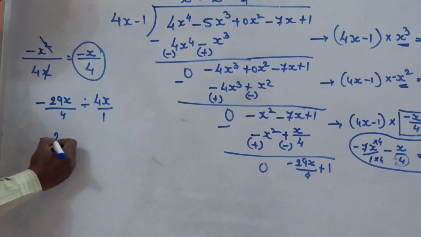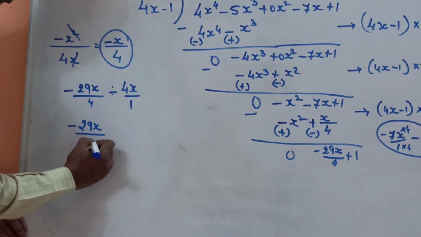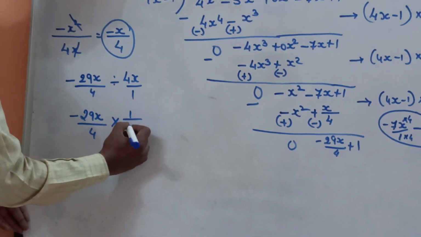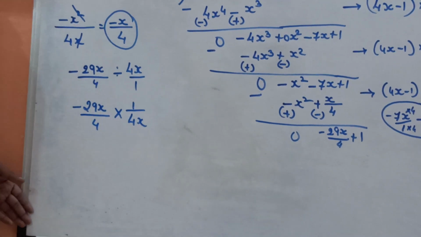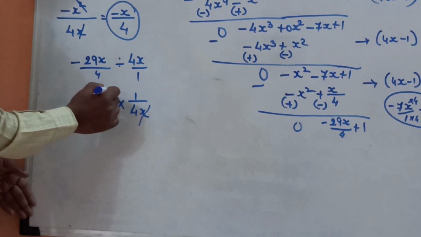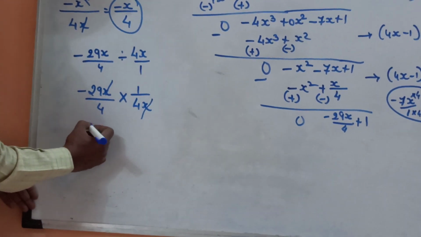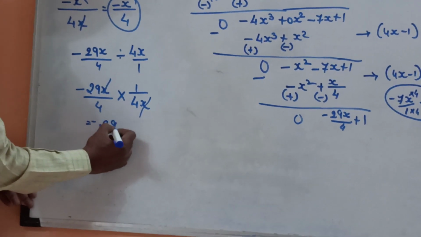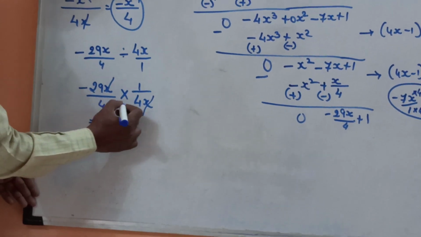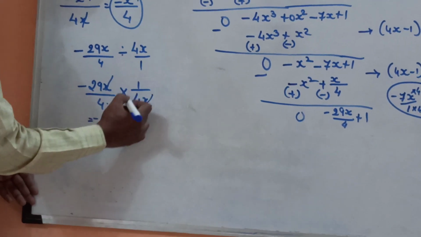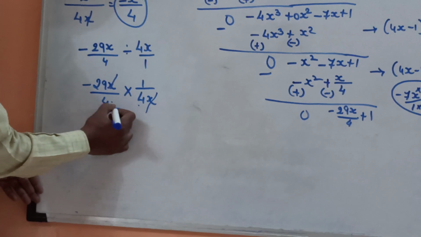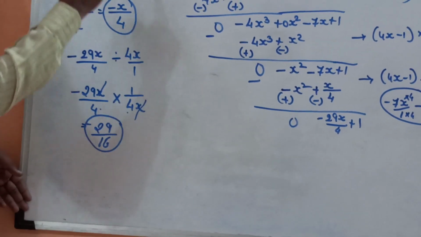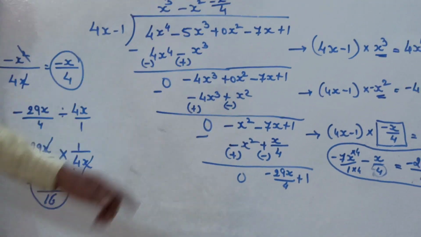So minus 29x upon 4 multiplied by 1 upon 4x. Now this x and this x go. So what answer will you get? Minus 29 upon 16. 4 into 4 is 16. 29 into 1 is 29. So this is the part you are going to write in the question for the fourth term.